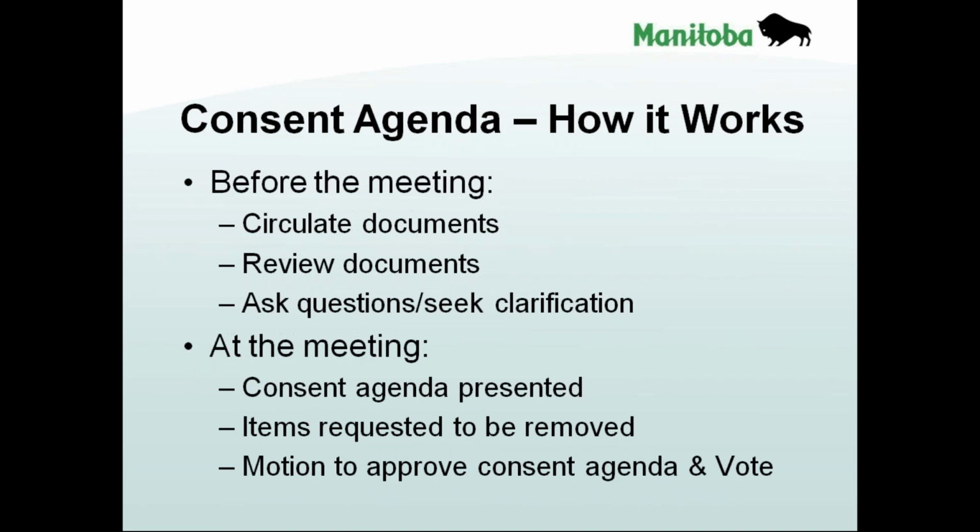The chair then removes the item without question and includes it elsewhere in the full agenda where they deem appropriate. It is not always necessary to remove an item from the consent agenda if people have simple questions. Discussion is permitted after the motion for approval is made, but before the vote. However, extensive conversation defeats the purpose of using the consent agenda.